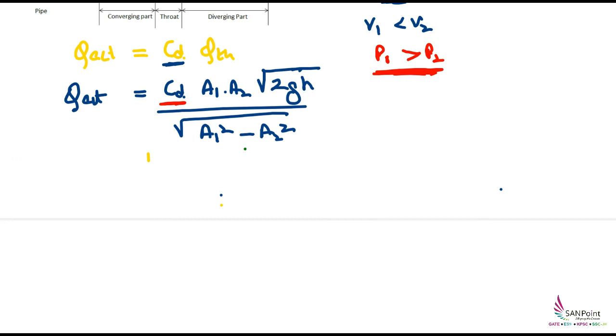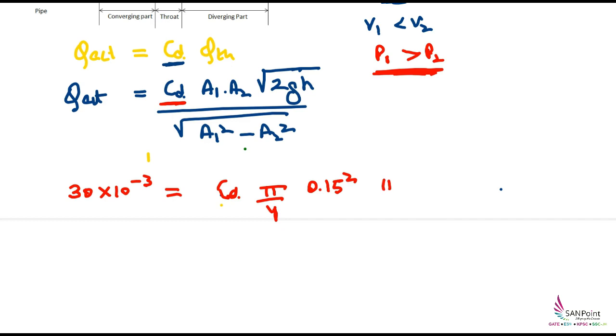So Q actual, the value was 30 into 10 raised to power minus 3. CD is unknown. Area 1 is pi by 4 into D1 square, and D1 we have just calculated, the value of that is 0.15 square.